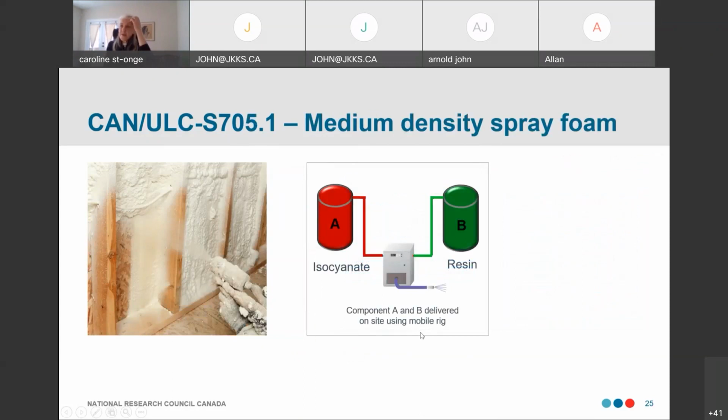Medium density spray foam. Standard is S705.1. And as you know, these products are finished on site. So they have to bring over to the site the isocyanate container and the resin container, which are mixed on site through a spray gun. So they are using a mobile rig in a truck and install the foam using the proper pressure and temperature.